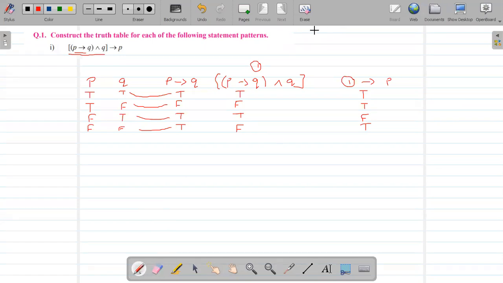Okay, should I erase it? Before I erase it, just take a screenshot of this. Everybody took a screenshot? Yes, sir.